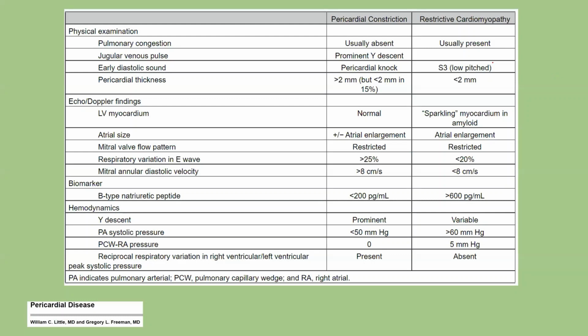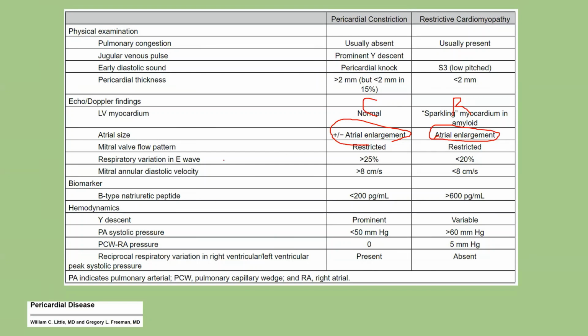The important things I want you to notice are these. The atrial size tends to be bigger where? This is restriction and here is constriction. So the atrial size tends to be bigger in restriction than in constriction.